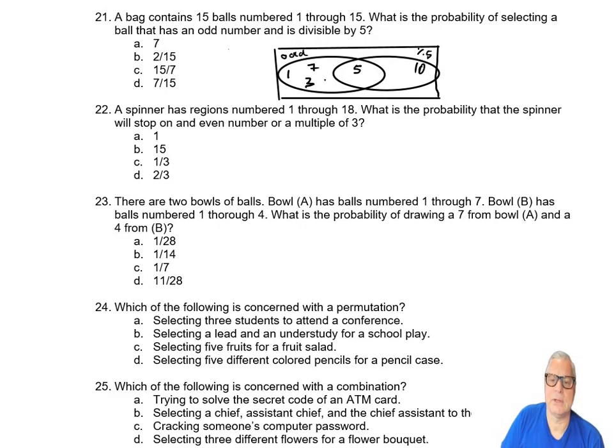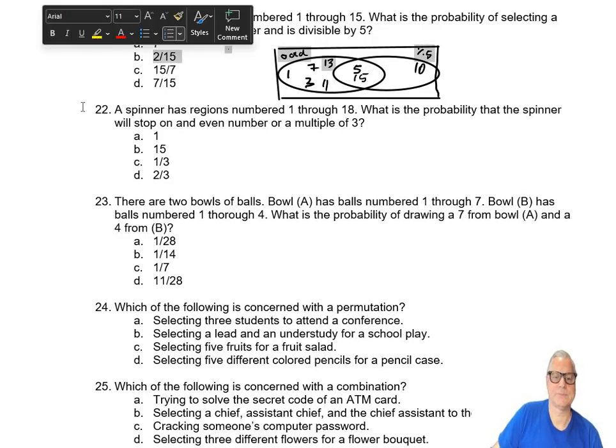Then 11 is odd. Then 12, 13, 13 is odd. Then 14 and 15. 15 is divisible. So it's 2 over 15. So we are interested in this intersection here: odd and divisible by 5, so 2 out of the 15 are divisible by 5 and odd, the 5 and the 15. Okay, first I thought about independent events.